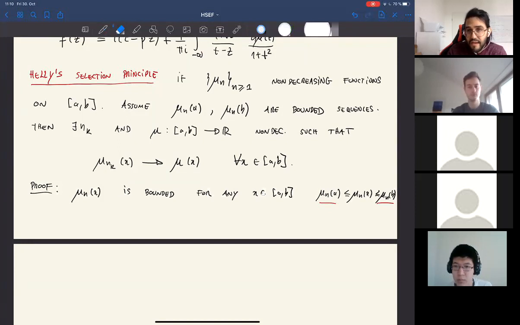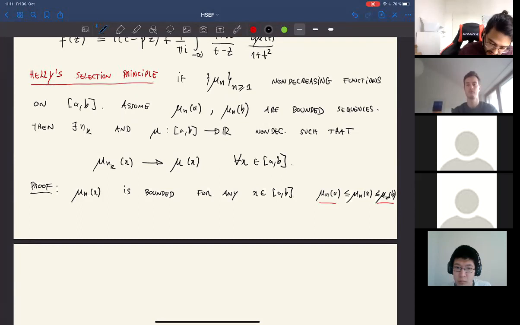So if I pick a second x, I can do the same thing. If I pick a third x, I can do the same thing. And then by doing a Cantor's diagonal argument, if you take a countable number of points, you could take a subsequence that converges at each one of these points. So I would just take the rational numbers.